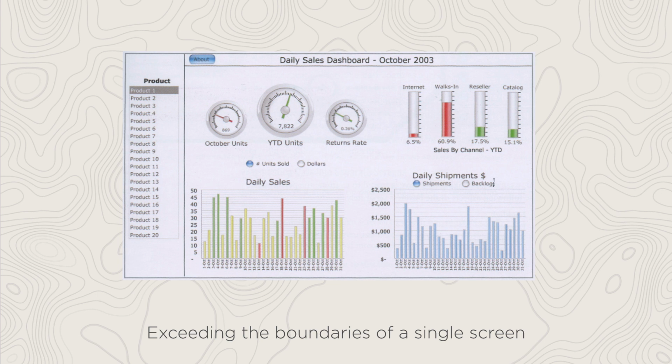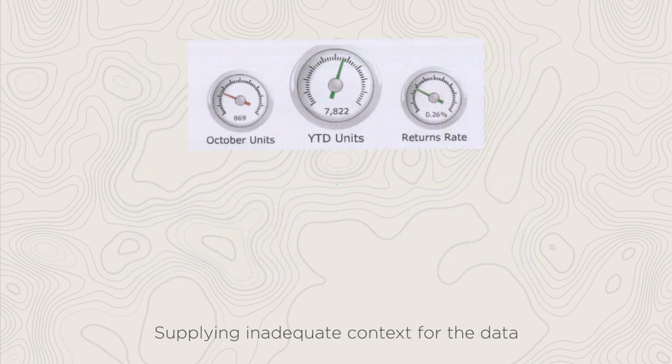Now, there are a lot of cheesy elements here, like the literal dials, like the year-to-date sales and October units and return rate, being literal speedometer-type things. Those are a little cheeseball. But you can see at least here, all the data that you would need to possibly understand is all available in one display.